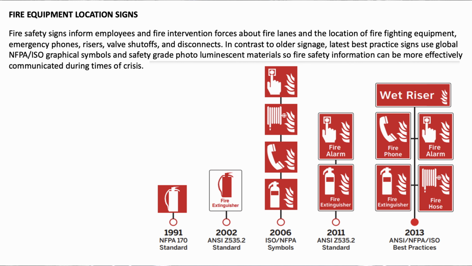In 2011, ANSI incorporated the NFPA standard and signages started looking like this. In 2013, ISO, ANSI, OSHA, and NFPA merged all together and signages were made standard, and these are the current best practices used in organizations for fire equipment location signages.